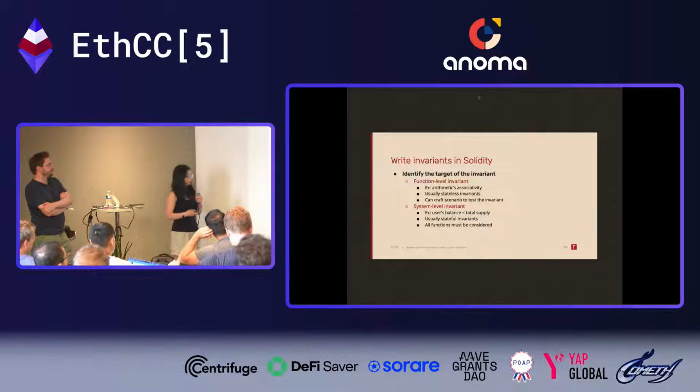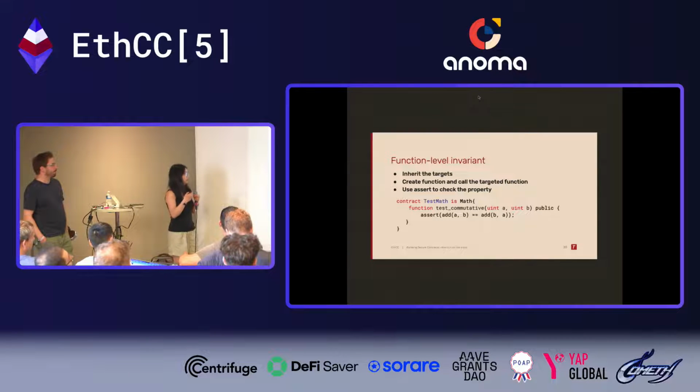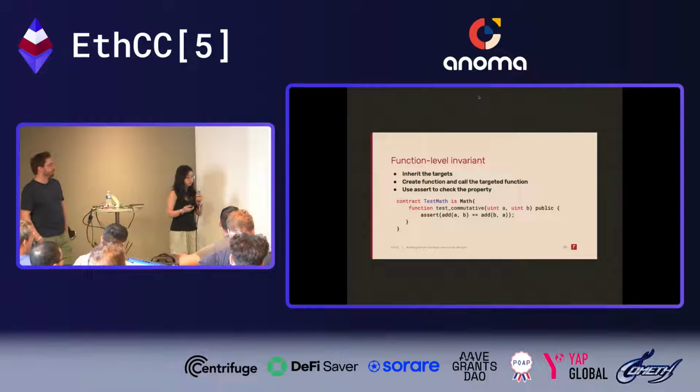The other, system level invariant, goes back to what would happen if you're using Echidna to test something like total supply. For function level invariance, it's always going to be inheriting the target. We're going to be creating the test function that essentially wraps the contract or the function that we want to test, and then we're using an assertion statement just to make sure that they're actually equivalent.